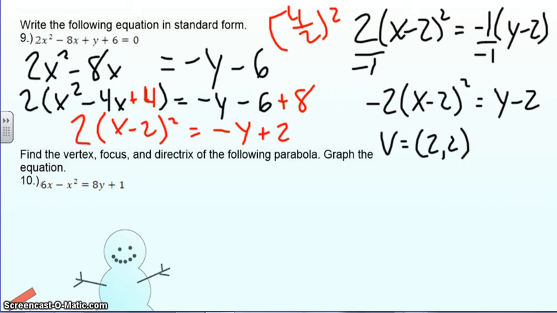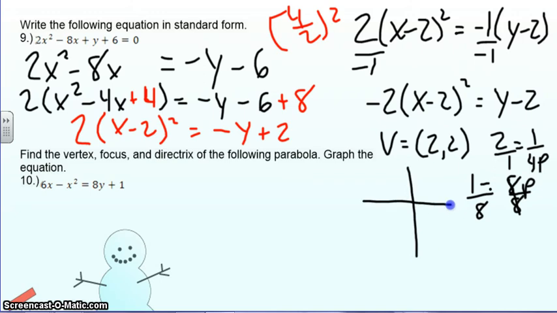The number in front, which is 2, would equal 1 over 4p. So if I cross multiply, I get 1 equals 8p. So p is 1/8. So that means when I find the coordinates of the vertex, or I'm sorry, the focus, I would have to go 1/8. And since it's a negative x squared, it would be face down.